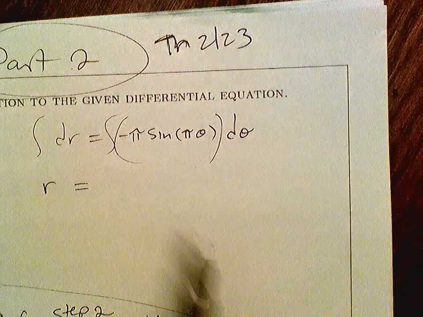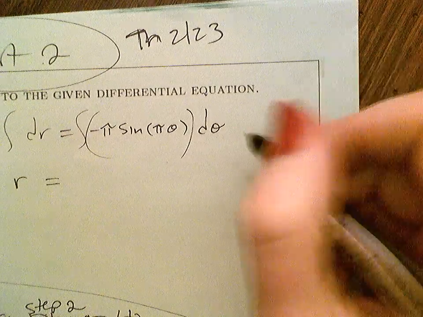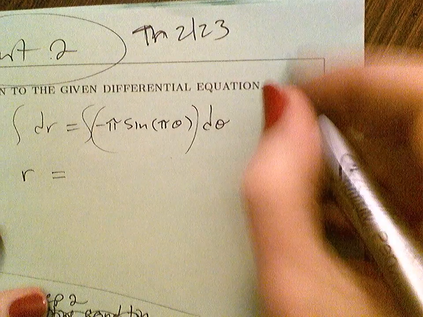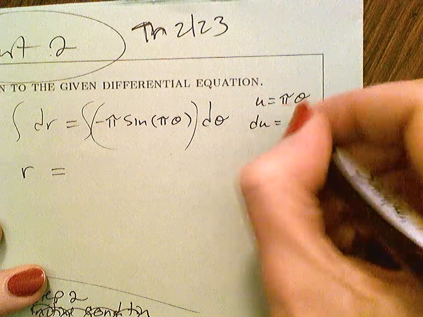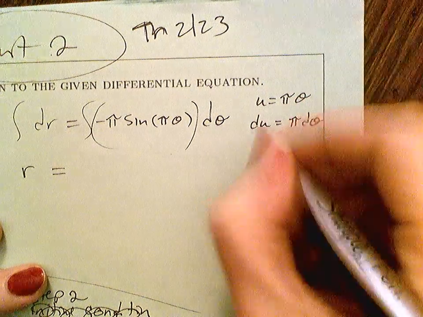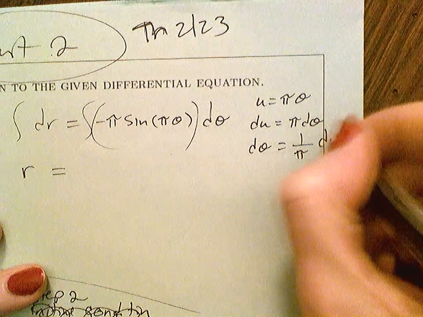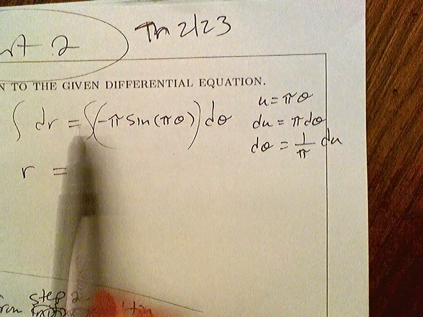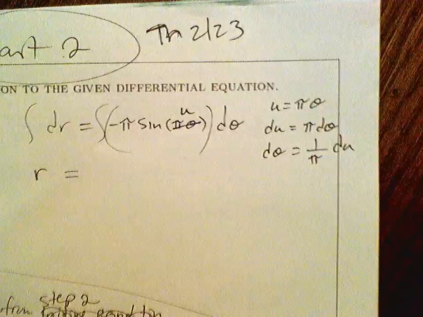And guys, I was doing this earlier, and follow what I do carefully because this is very fast, even if you're writing in pen. So I'm going to let u equal pi theta. So du equals pi d theta. So d theta equals 1 over pi du. And I'm just going to do the substitutions right in here. I'm not going to bother writing it all over again. So right in here, what went in for that was u.